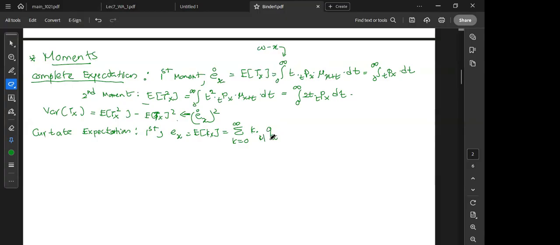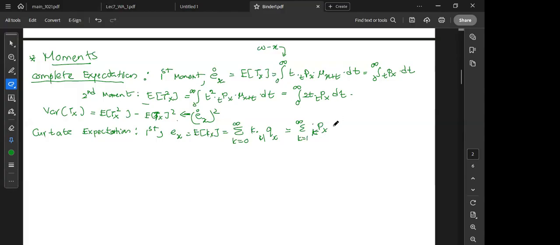That means the person survives for k years and death occurs within the next year. And we can rearrange it and say, starting from k equals 1, this is the same as taking the summation of the survival probabilities. So instead of t, now this is k. That means survival for the first year, second year, third year, fourth year, like that, taking all the survival probabilities and summing them up. So it will give the first moment.